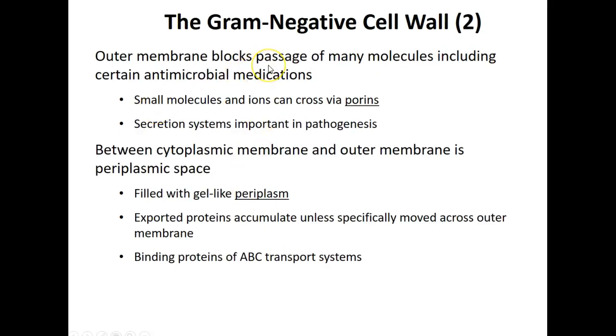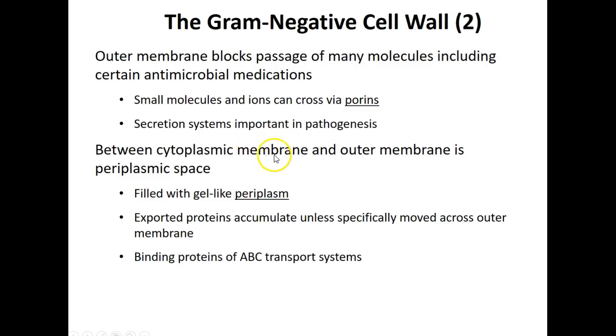The outer membrane blocks the passage of many molecules. That's where the protective aspect of the gram-negative cell wall mainly comes from. It can block the passage of even certain antimicrobial medications or antibiotics. As I mentioned before, those porin proteins can allow various items to move back and forth across the outer membrane.